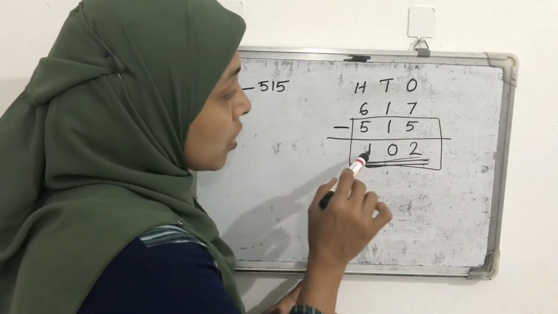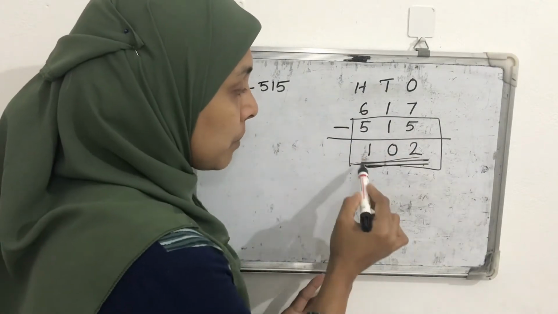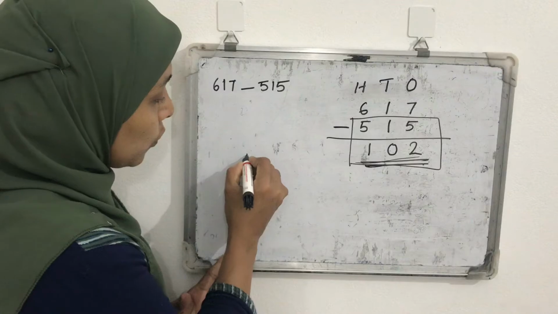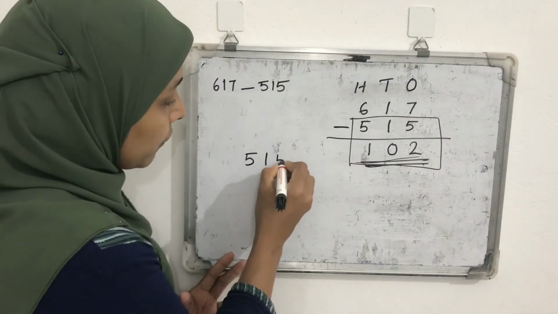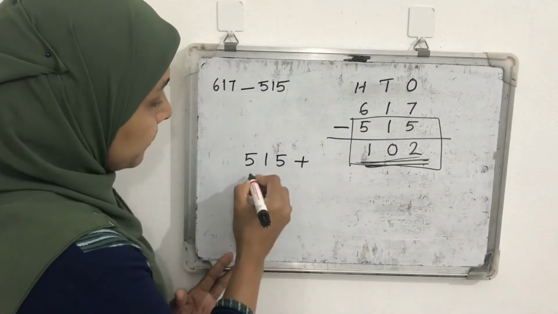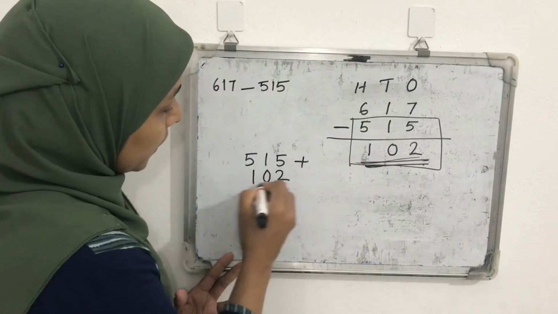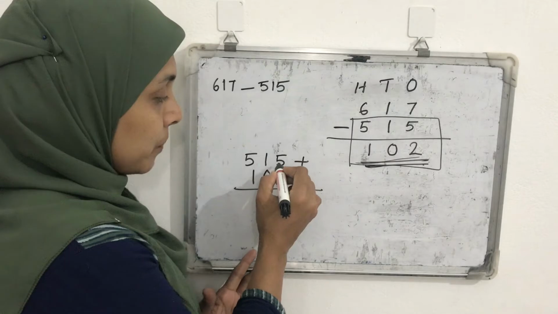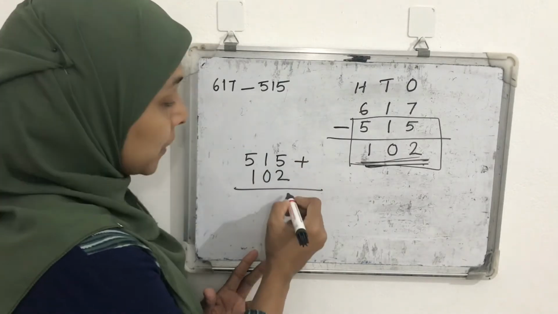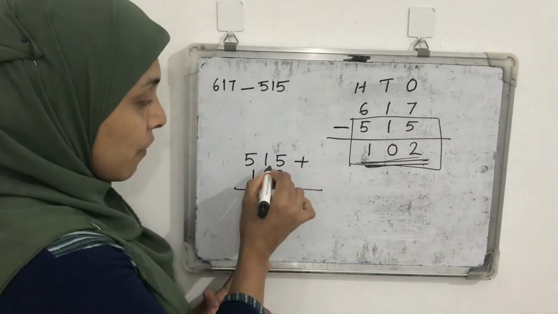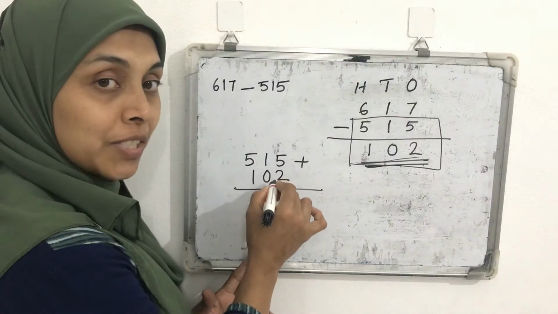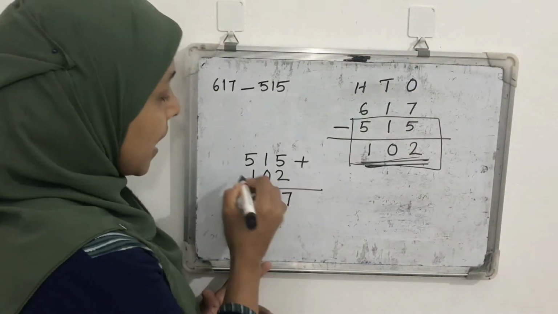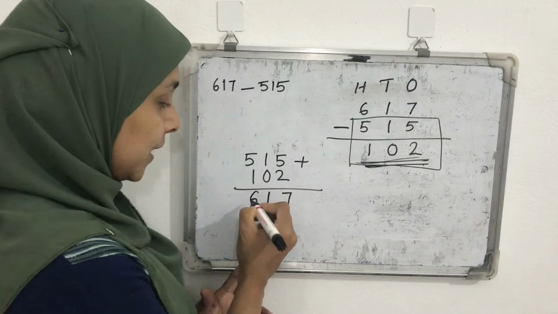So we add 515 plus 102. First we start with the unit place. 5 plus 2 is 7. 1 plus 0 is 1. And 5 plus 1 is 6.